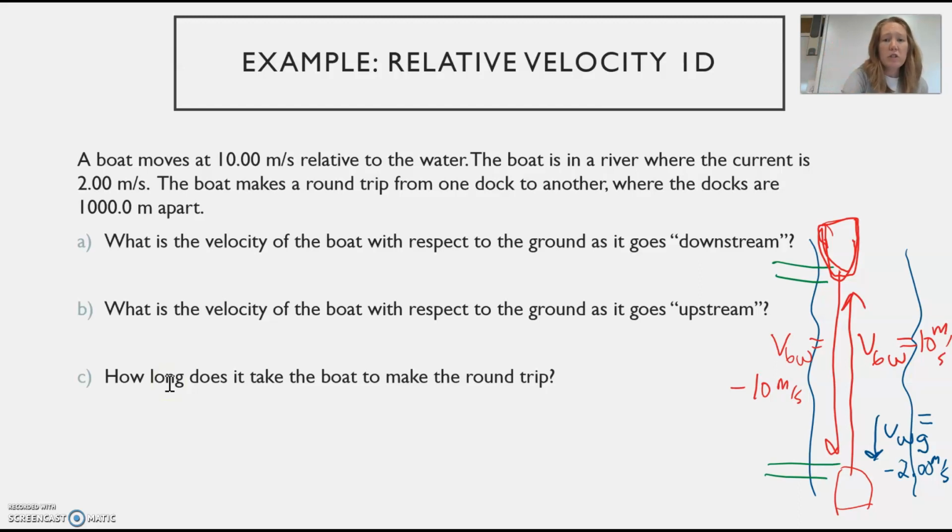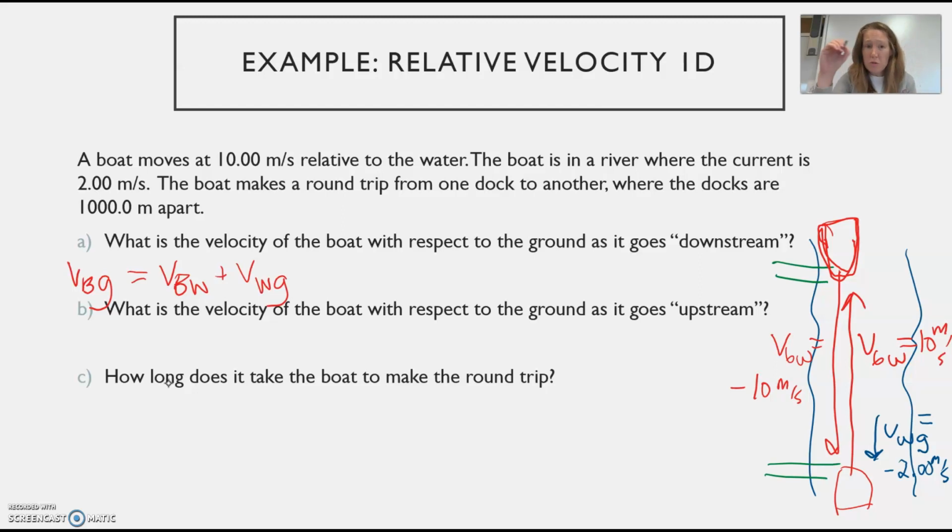So let's make sure it does here. I want the velocity of the boat with respect to the ground. And I think that should be equal to the velocity of the boat with respect to the water plus the velocity of the water with respect to the ground.